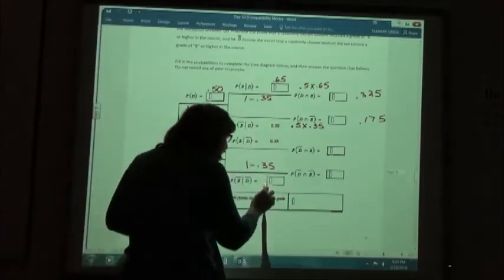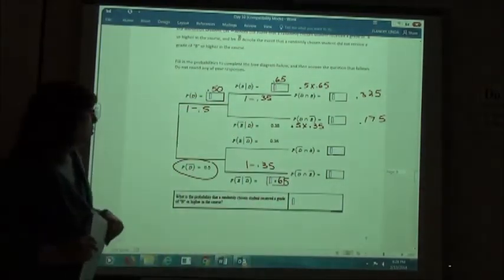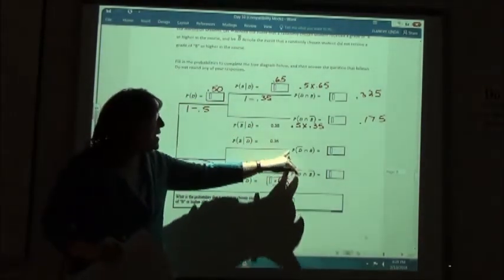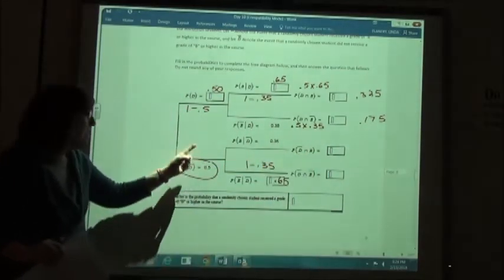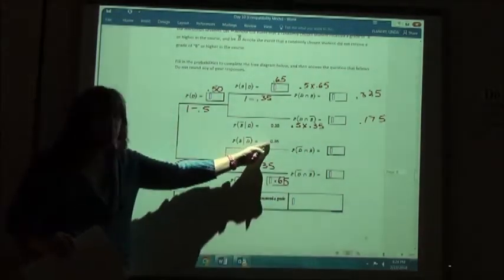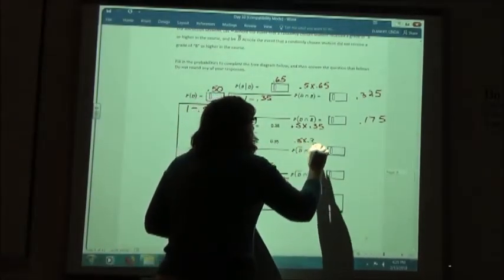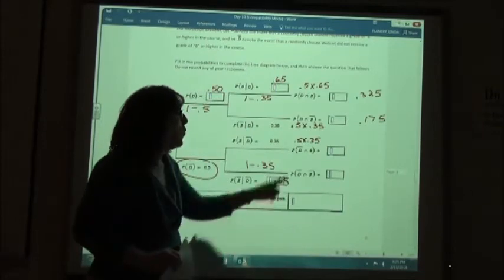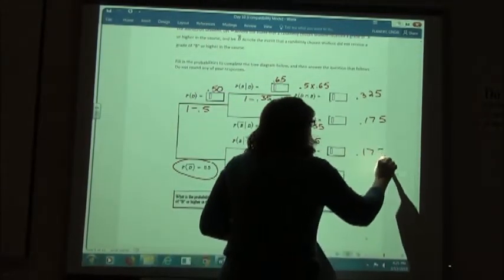That's the same numbers we had up there, right? 0.65. So, the probability of not going to the discussion sessions and getting a B, 50% times the 35%, which we did right up here, was 0.175, right?